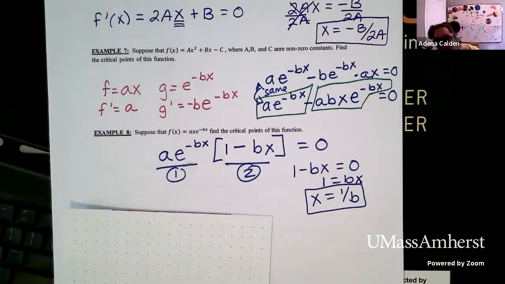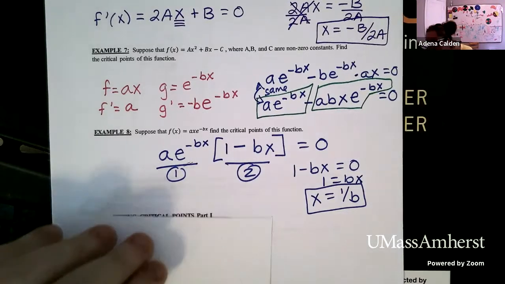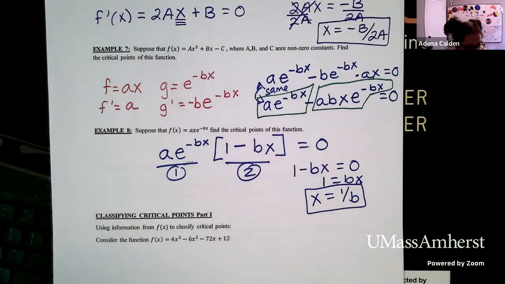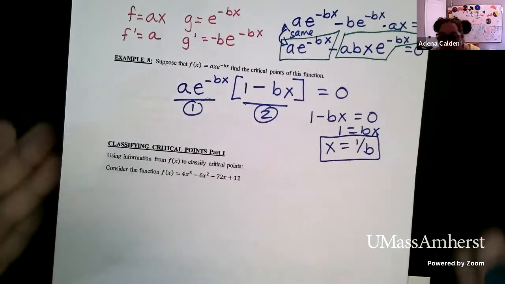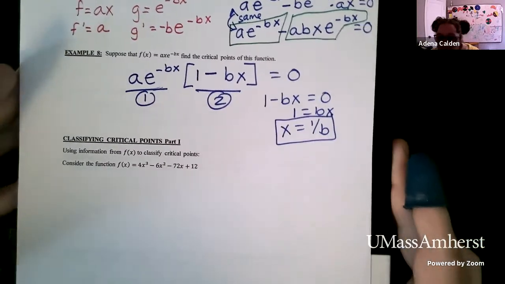And it turns out that the way we classify these depends on the type of information we have, and there's 3 different tests that we're going to use to classify critical points. We're just going to talk about the first test today, and on Thursday we'll do the other 2 tests. But we need to figure out how we classify. And when I say classify, I mean determine if our critical points are local maxes, local mins, or neither.